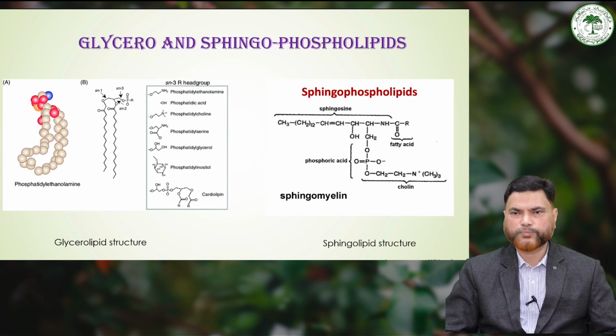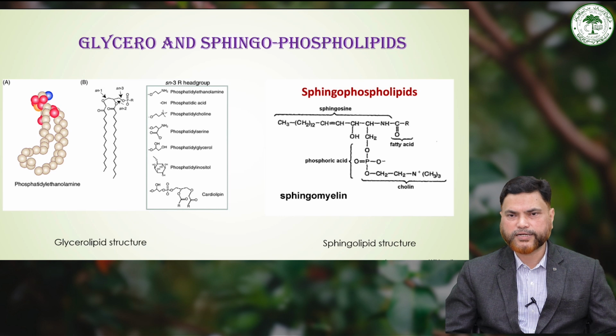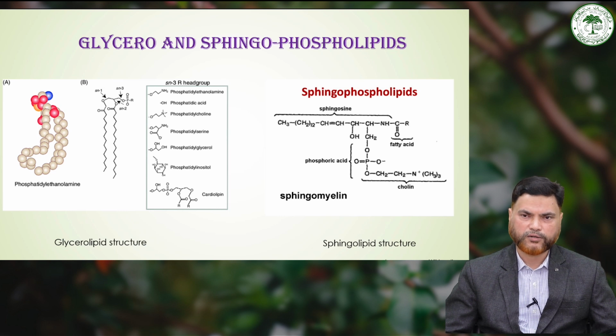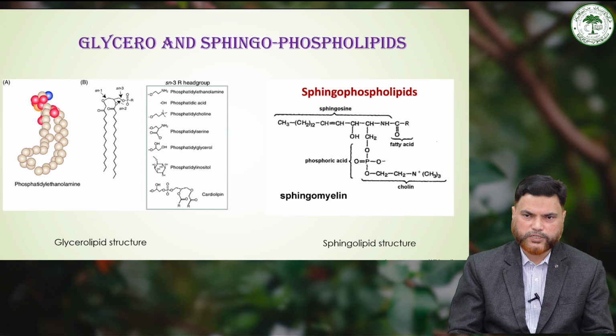Glycerophospholipids, also called phosphoglycerides, are derived from glycerol and have fatty acids, phosphate and an alcohol, for example choline. The different kinds of alcohol attached to the phosphate group give different names to these molecules.